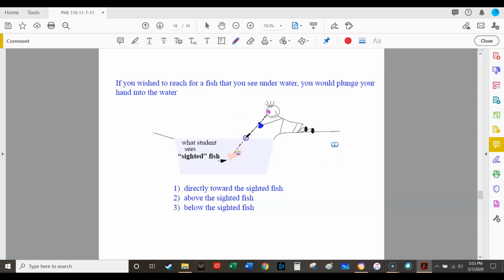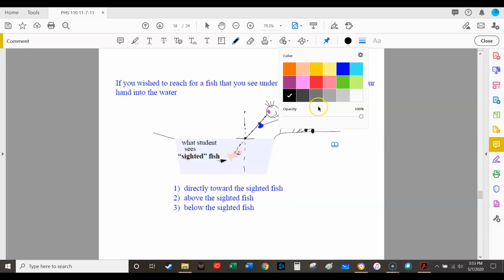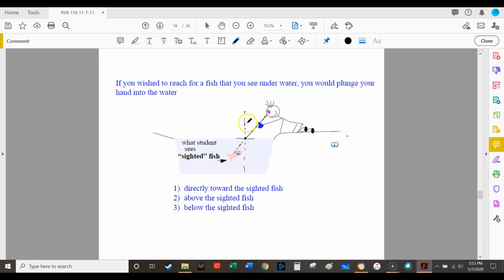So we're seeing the interface right here. So here's the surface. The normal line is going to be right here. And we know the light ray outside, this angle here has to be greater than what's inside. So the light ray coming from the fishy has to be bending away from the normal.